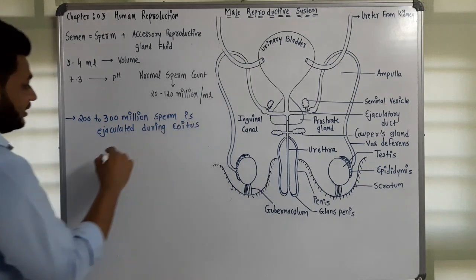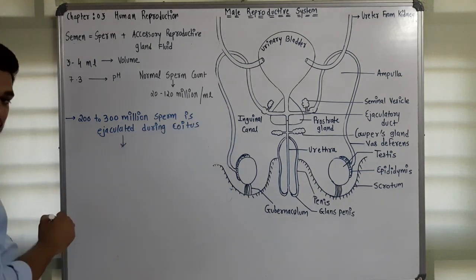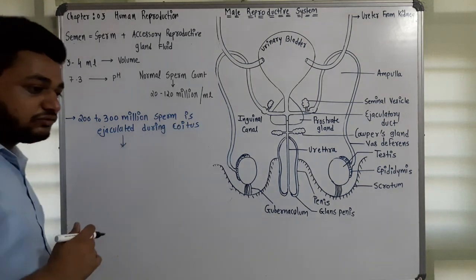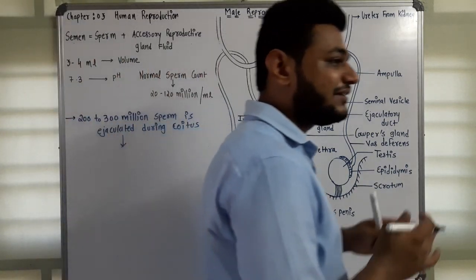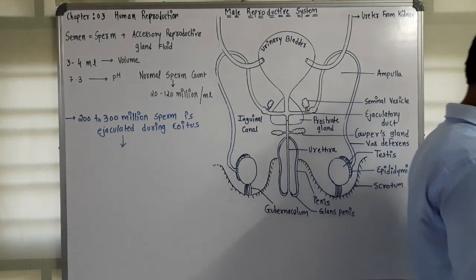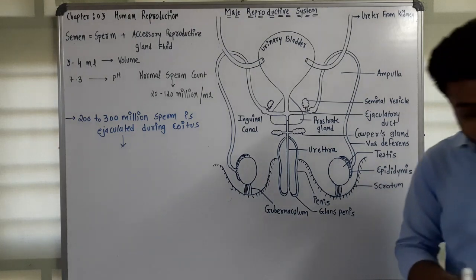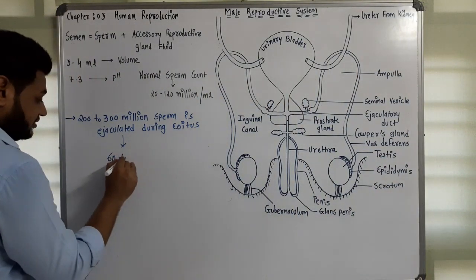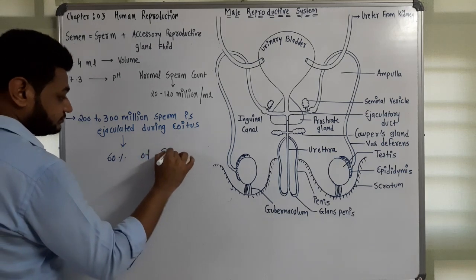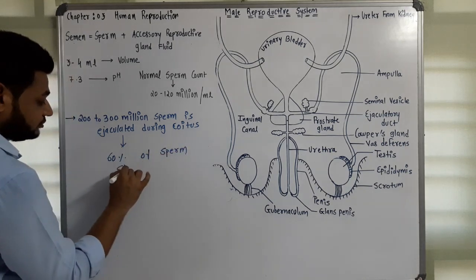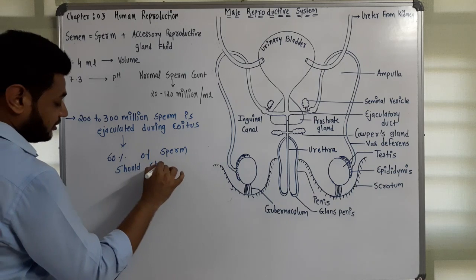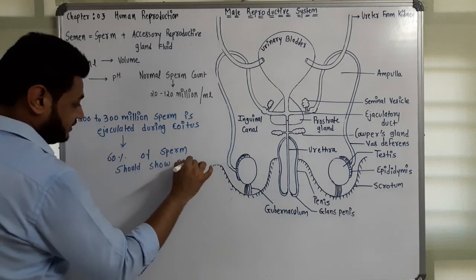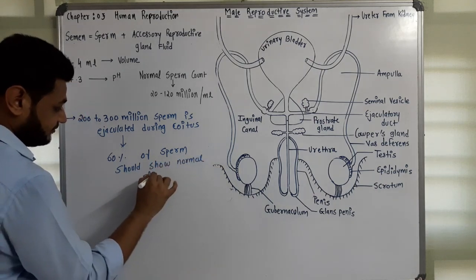Now, how much percent should show normal size and shape for normal fertility? 60% of the sperm, remember this, should show normal size and shape.